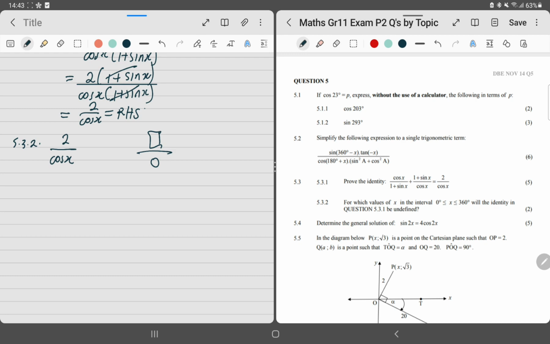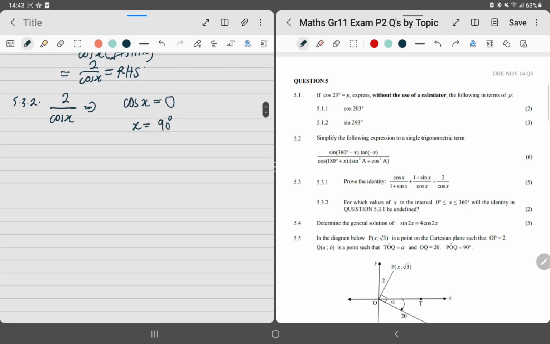So we just take the denominator and equate it to 0. We'll just take cos of x is equal to 0, because that is the only way this identity will be undefined, if the denominator is equal to 0. And then our x there should be equal to 90 degrees.